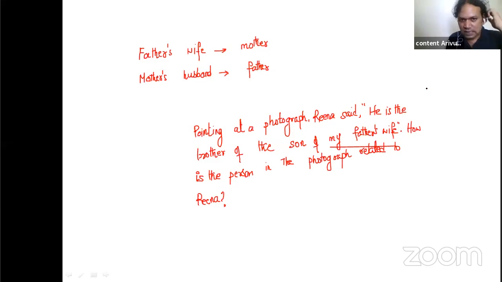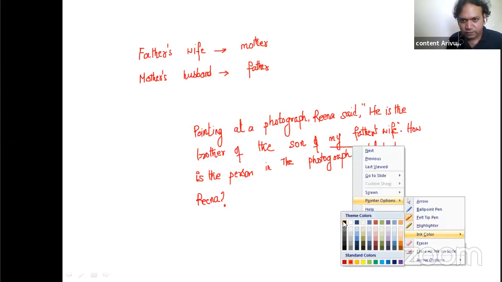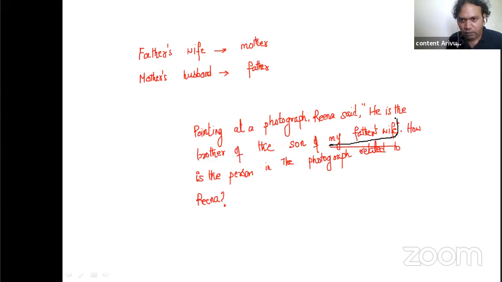I'll show the last slide, in case you've not noted down. You note it down, don't worry. Now, first of all, you see here, my father's wife means mother. Son of mother means brother. And brother of brother means brother. So, what is the answer? The answer is brother.